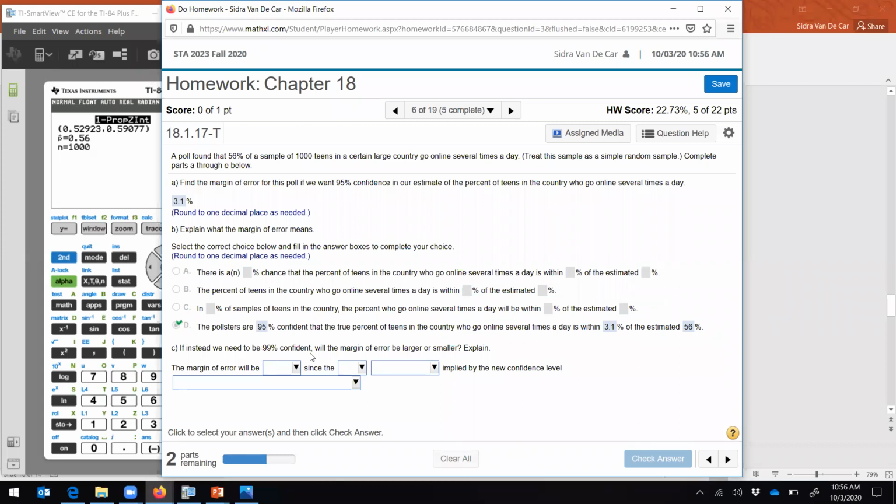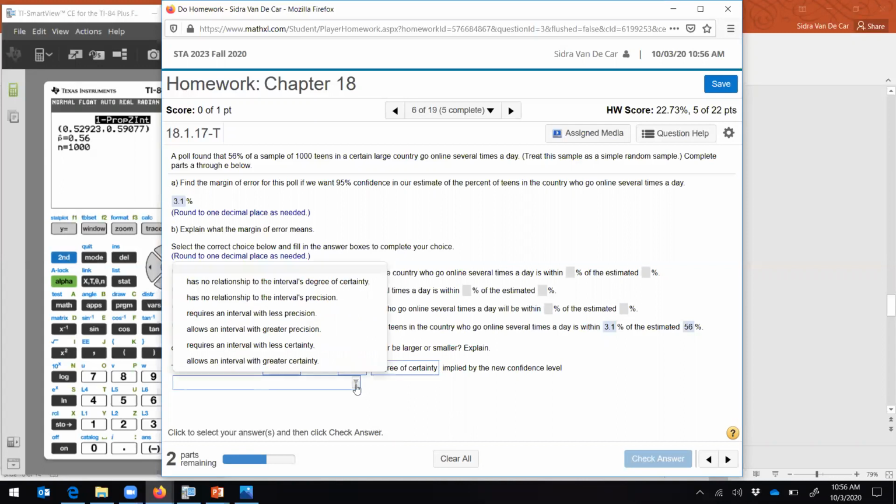If instead we need to be 99% confident, all right, we're increasing the confidence level, so that's going to make the margin of error bigger, since a larger degree of certainty implied by the new confidence level requires an interval with less precision.